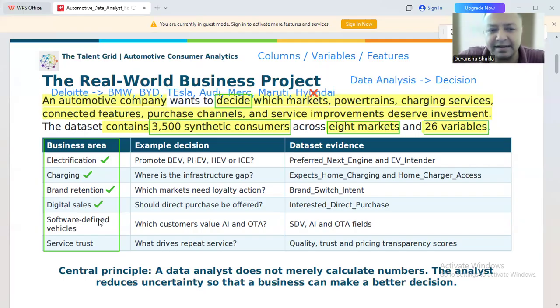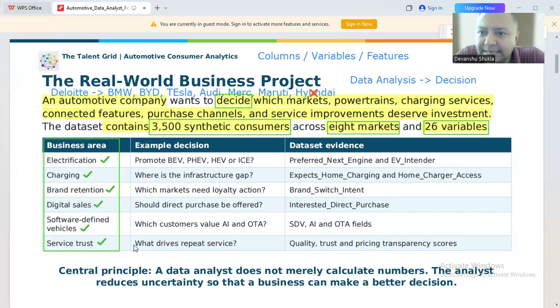Okay? I mean, making an awareness around it. Software defined vehicles and service trust. Okay? So you have the same data set, and across that data set, you could analyze different business areas, and then you can make recommendations across it. I believe you are clear.